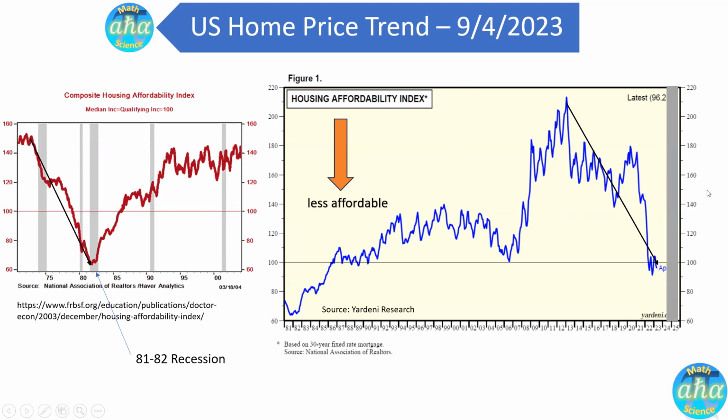So if history is any guidance, it's possible that we may have a recession as the affordability index deteriorates a little bit further, and eventually it bottoms somewhere around the 80-ish level, and that's when the recession occurs, and from that point on, the affordability may start to improve. So that's really an interesting point.